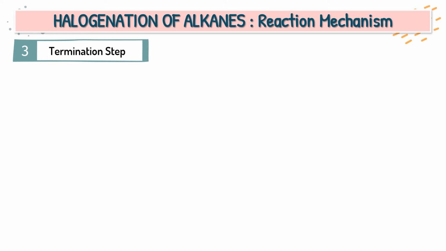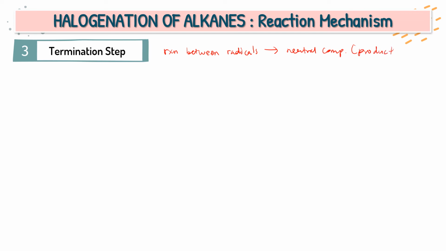Initiation 1, propagation 2, termination 3. Okay. Termination step, apa yang akan berlaku dekat sini adalah, kalau saya summarizekan dia adalah reaction between radicals, okay, antara radicals untuk hasilkan a neutral compound ataupun kita punya produk lah dekat sini.